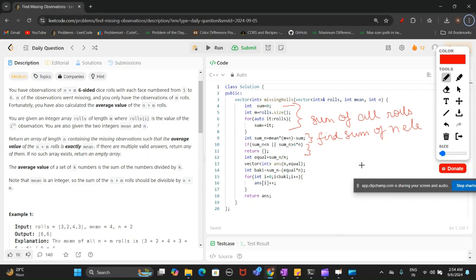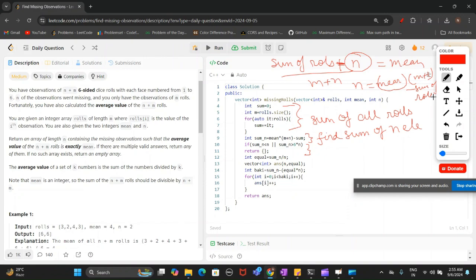Now what I have done: sum of rolls plus n elements, divided by m plus n, is equal to mean. So my sum of n becomes mean into m plus n minus sum of rolls, isn't it? That is what I have written here, and I have stored it in sum n.